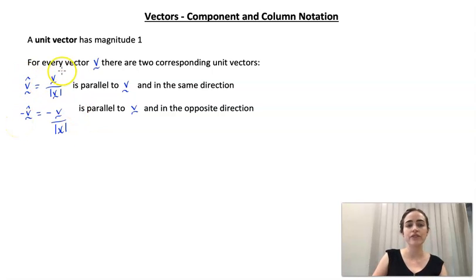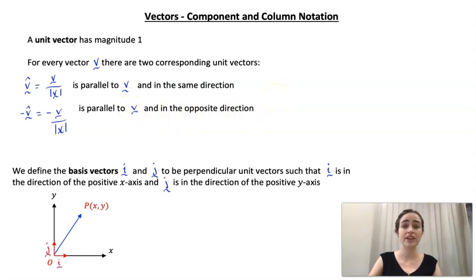We take that vector and divide it by its length, which we represent with the absolute value signs at the bottom. The vector divided by its length gives us the unit vector that is parallel to our original and moving in the same direction. If we take the negative of that, it gives us the unit vector that's parallel to our original, but moving in the opposite direction instead.